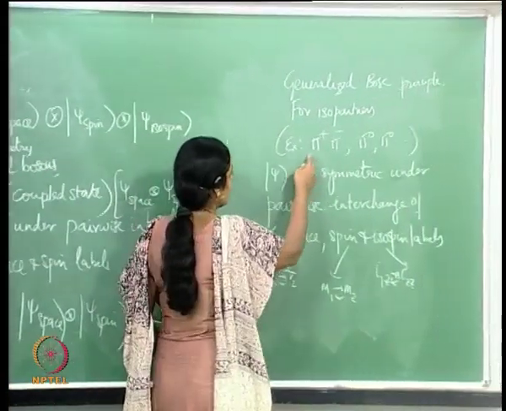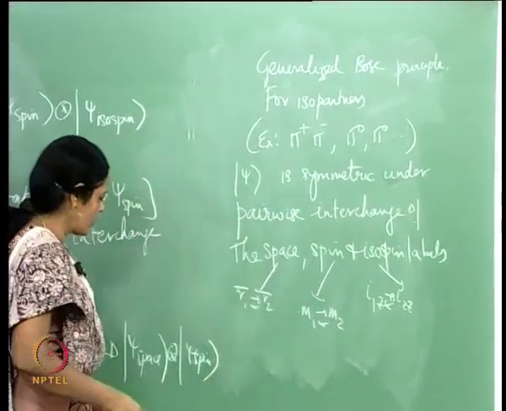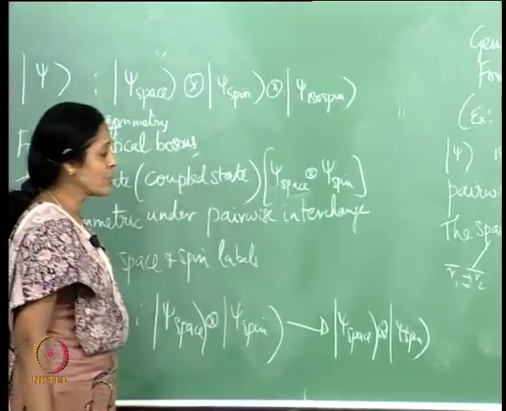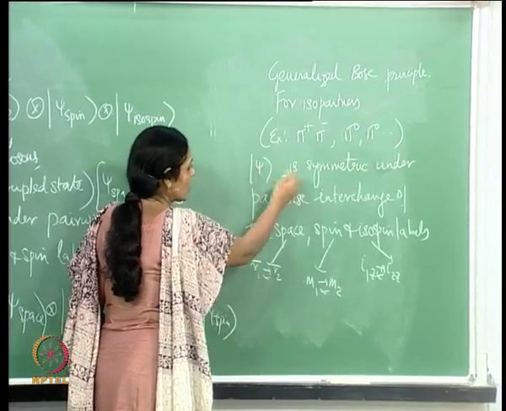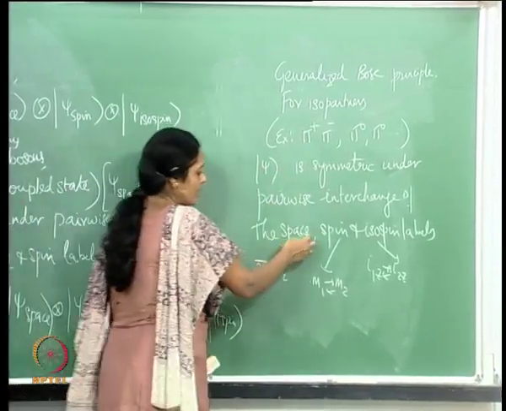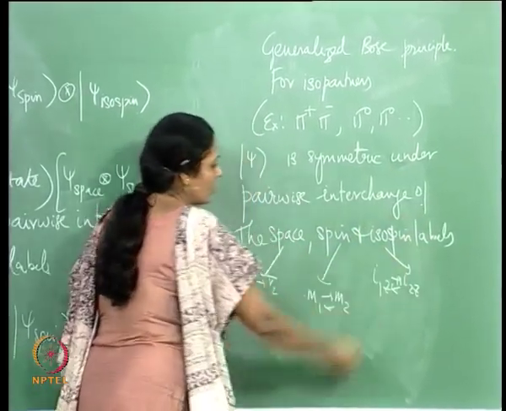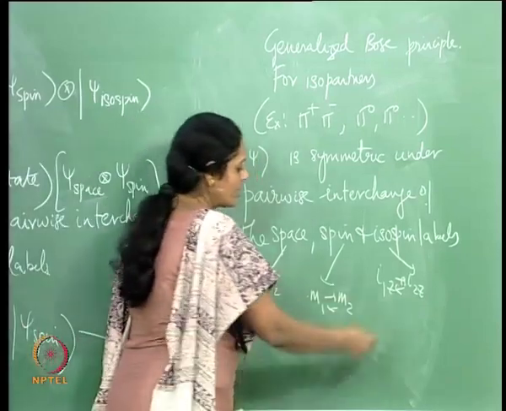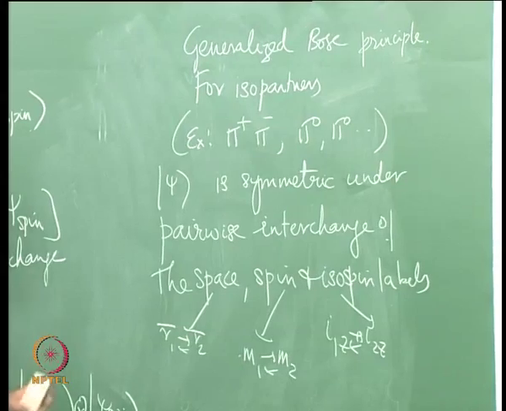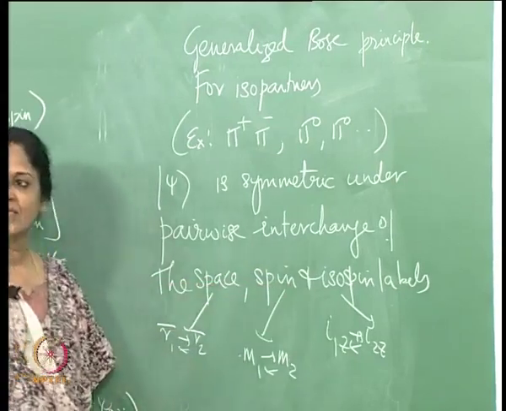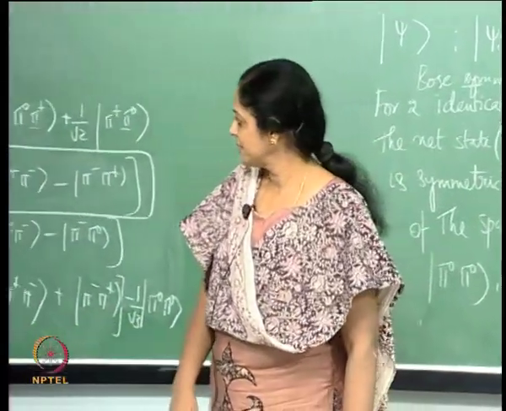So now if you look at pi naught and use this, since psi space psi spin is already symmetric under interchange of the space spin labels, and the net state, which includes isospin as well, should be symmetric under interchange of all the labels, just psi isospin alone should be symmetric under interchange of I1z and I2z, which means that the isospin coupled state cannot be antisymmetric under interchange of the two pi naughts.